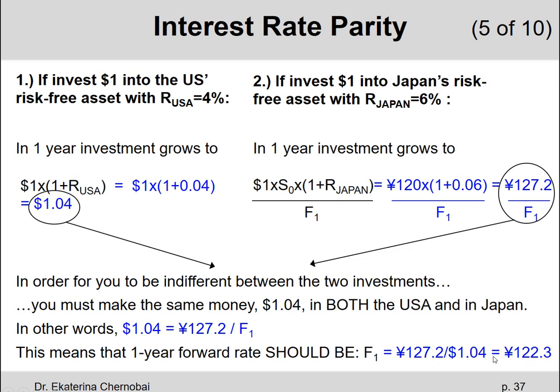This is the condition under which we will be indifferent between whether our $1 is invested in the United States or in Japan. The 1-year forward rate must be exactly 122.3 for us to be indifferent between the two countries' investments.